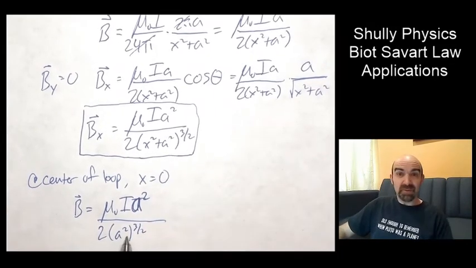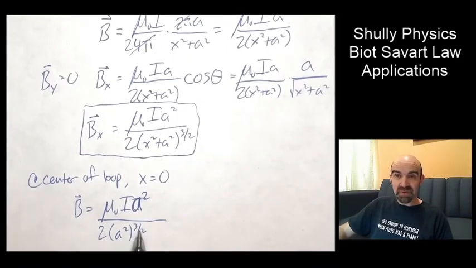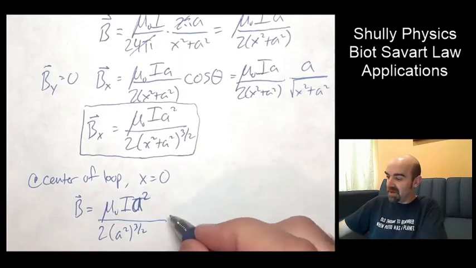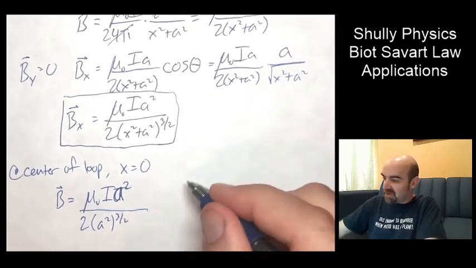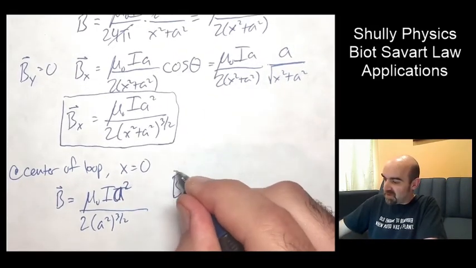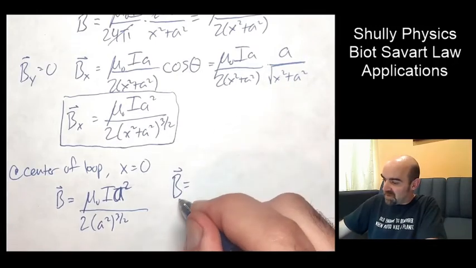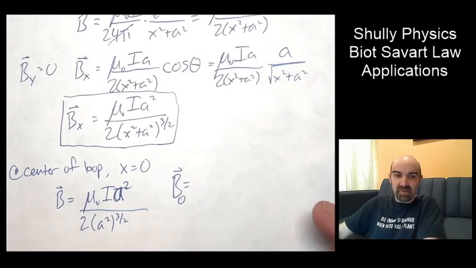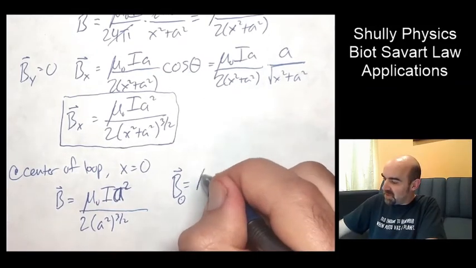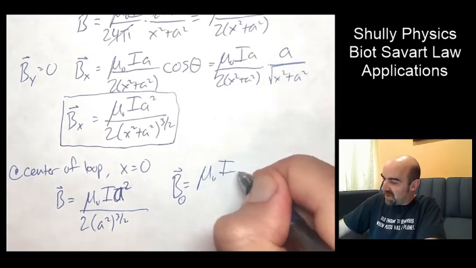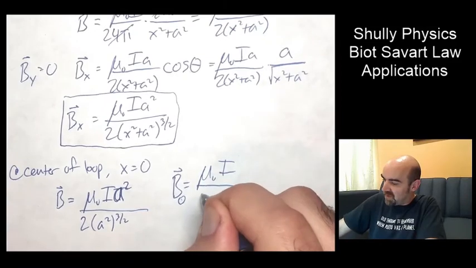And a squared to the 3 halves is a cubed, and a squared divided by a cubed would be 1 over a. So our final result at the center of the loop, we'll make a little loop there, the magnetic field at the center of that loop would be mu naught I divided by 2a.